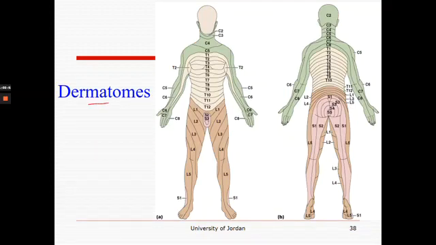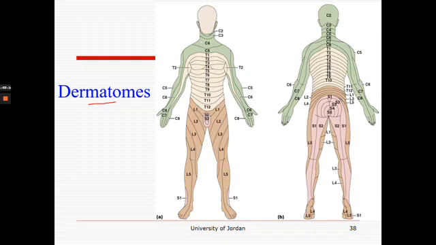Now look at the dermatomes. This is very important when we talk about pain also. This is the anterior aspect of the body and the posterior. You remember from your embryology background that the embryo started as a tube, and this tube consists of segments.